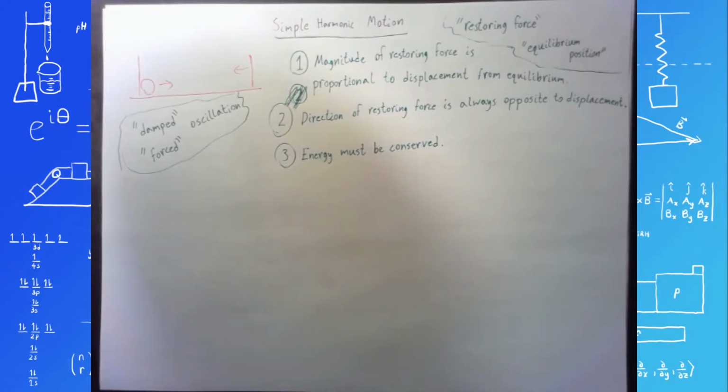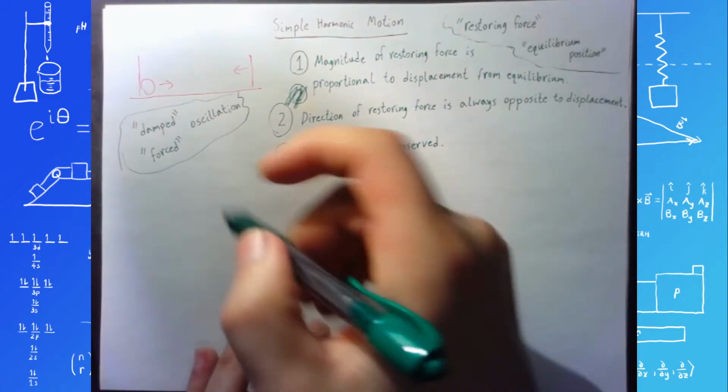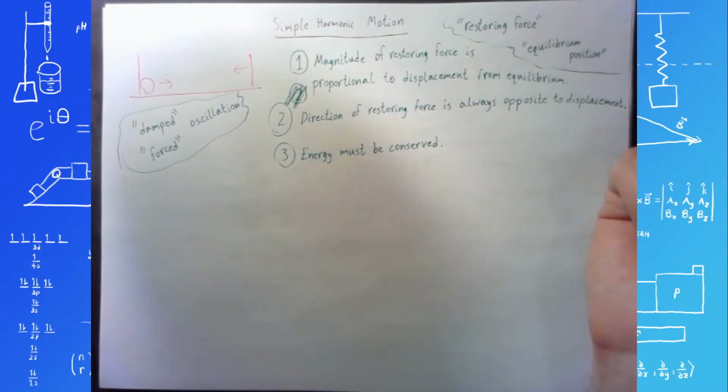You might get something simple like that, but you won't have to worry about things that they often bring up in higher physics courses like damping factors or whatever. So we're not going to touch on that.